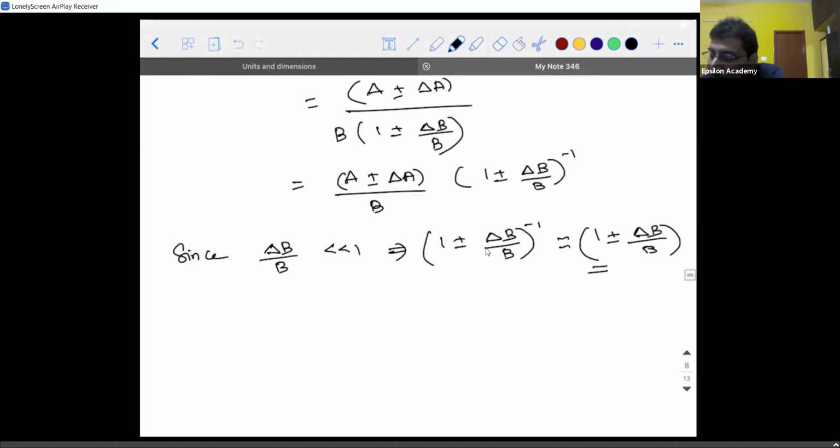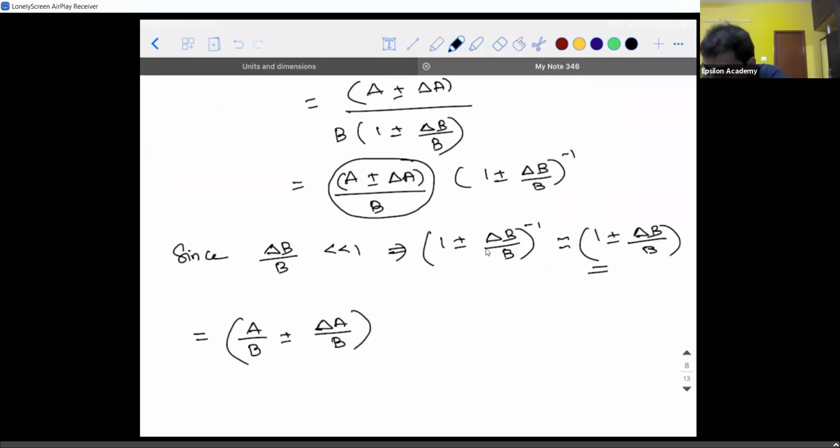So when this is the case, observe. This part is there, no? That I will write as a by b plus or minus delta a divided by b into 1 plus or minus delta b divided by b.